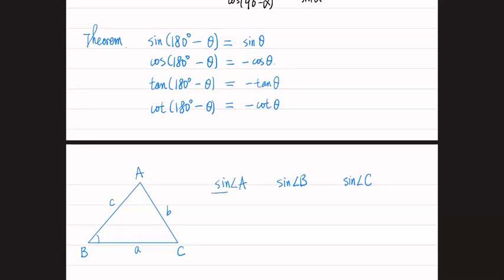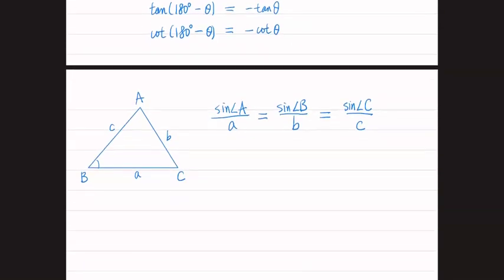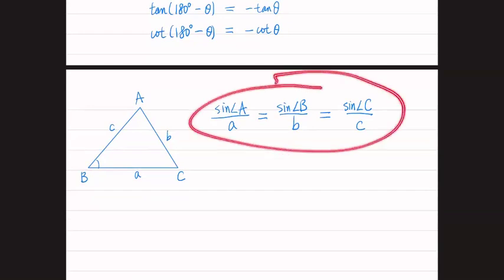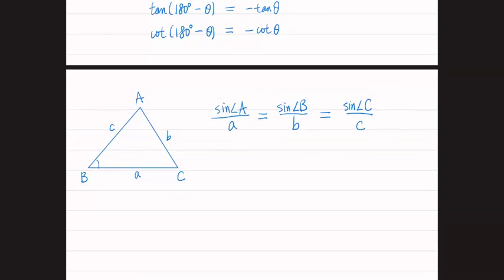Then the sine law tells us sine A over a, sine B over b, sine C over c, all three ratios are the same. Okay, let's recall how we proved that. Let's start with one of them. Let's recall how we verified this one. Why are these two equal?